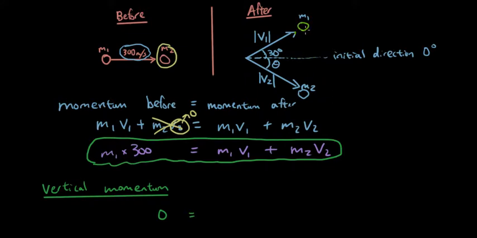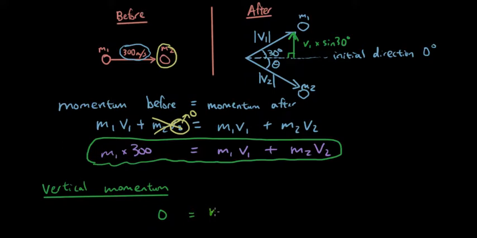Now afterwards, m1 is moving vertically at a speed of whatever the length of this arrow is, right? And because we have a right angle triangle here, the vertical component of the velocity will be v1 times sine 30. So that is the vertical component of the speed going up.